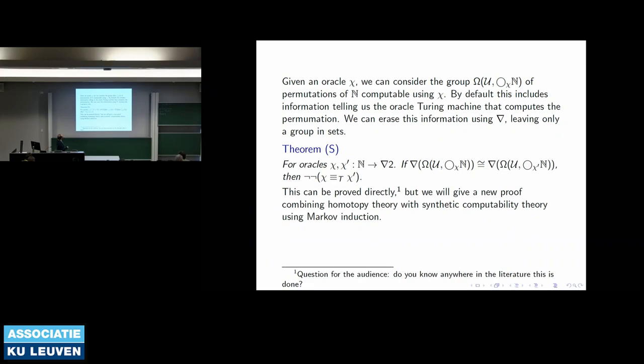And then we can apply nabla, and this erases all the computational information and just leaves us the actual algebraic structure of the group. And then we can use this algebraic structure of the group to recover the Turing degree. So if these two groups are isomorphic, and these really are just groups in sets, then the Turing degrees are the same for these two oracles.